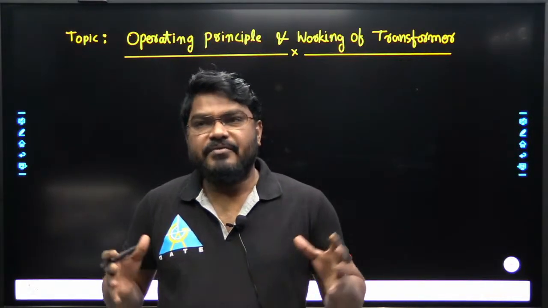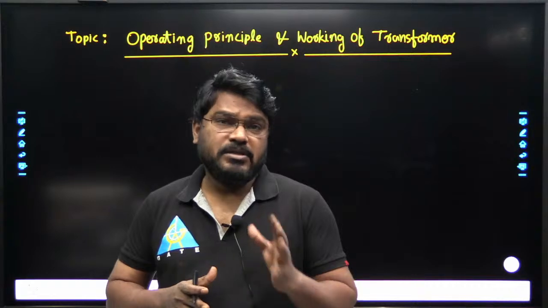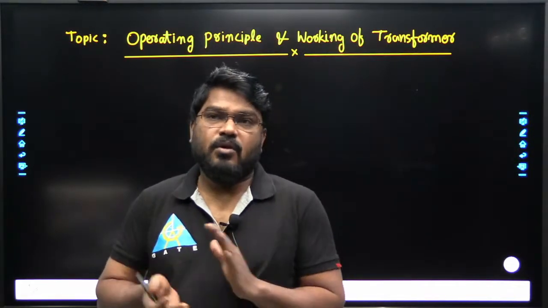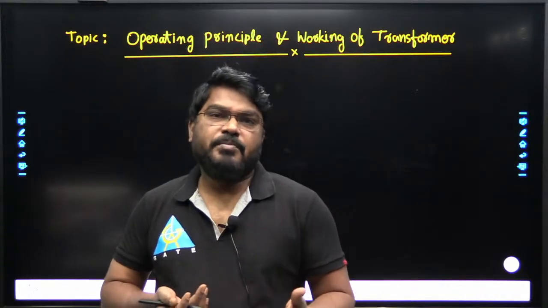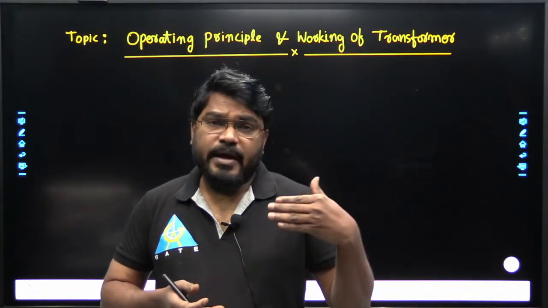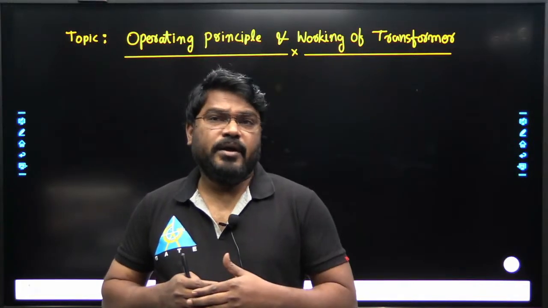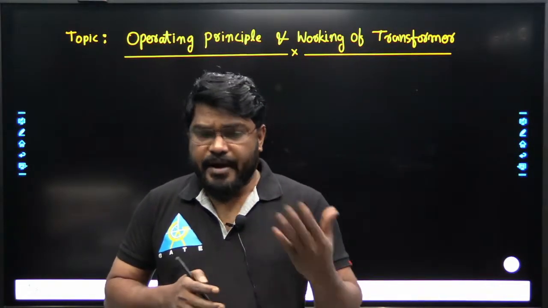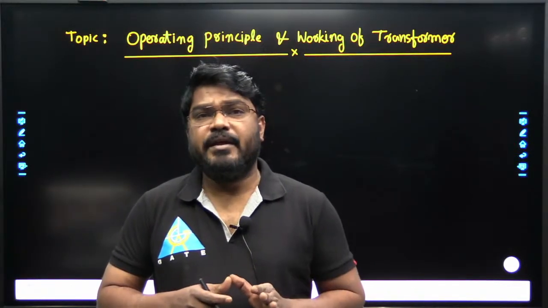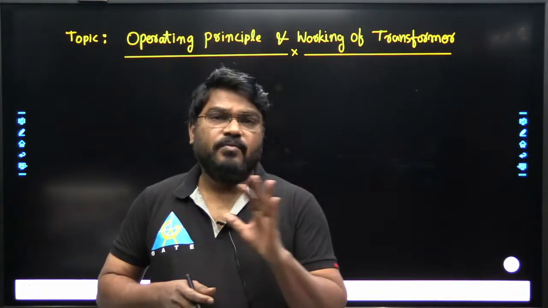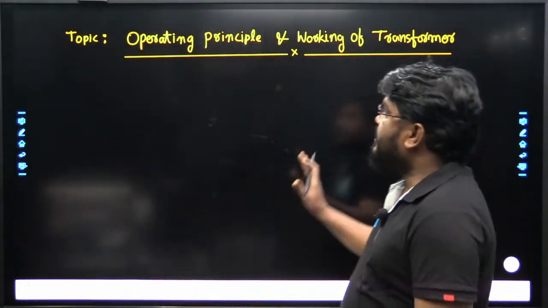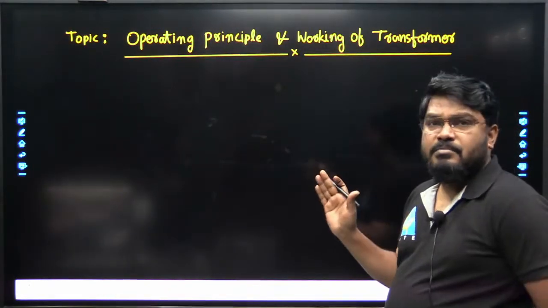The difference between the power transformer and distribution transformer we will discuss in the coming sessions. Transformer is also used as a coupling device and for isolation of two circuits. These are the applications. Ratings we have already discussed: power rating, voltage rating, frequency rating. Today we will discuss another topic of the transformer.